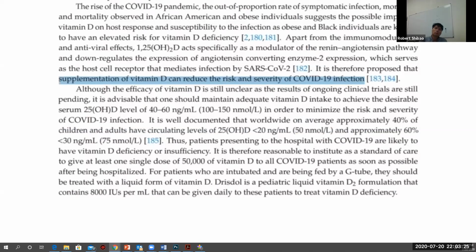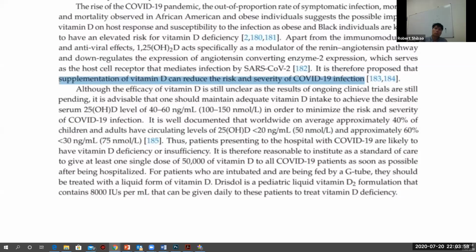It is well documented that worldwide, on average, approximately 40% of children and adults have circulating 25-hydroxy vitamin D levels of less than 20 nanograms per milliliter, or 50 nanomoles per liter. And approximately 60% have less than 30 nanograms per milliliter, or 75 nanomoles per liter. Thus, patients presenting to the hospital with COVID-19 are likely to have a vitamin D deficiency or insufficiency.